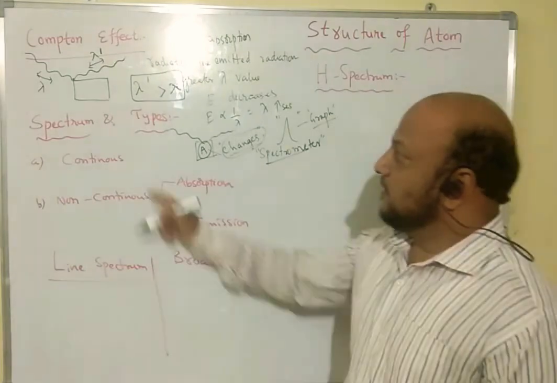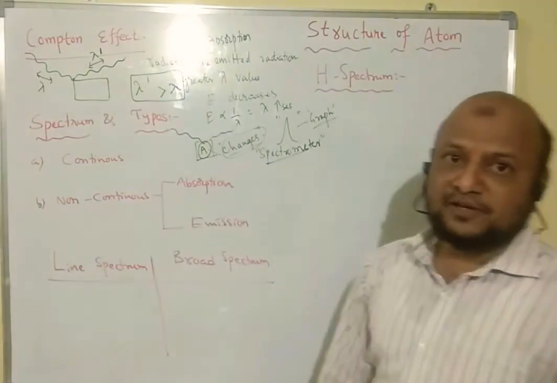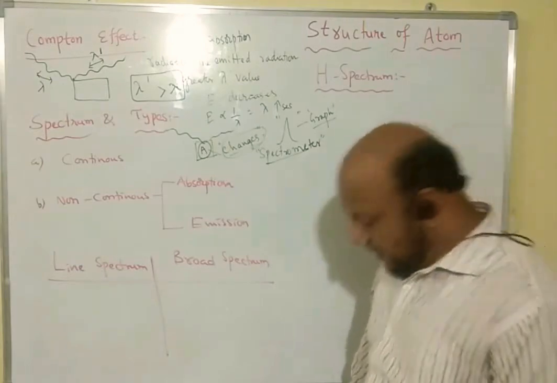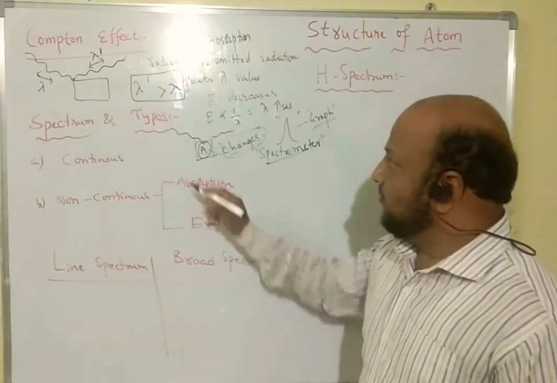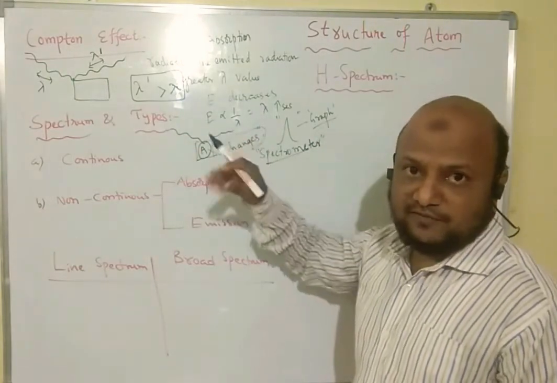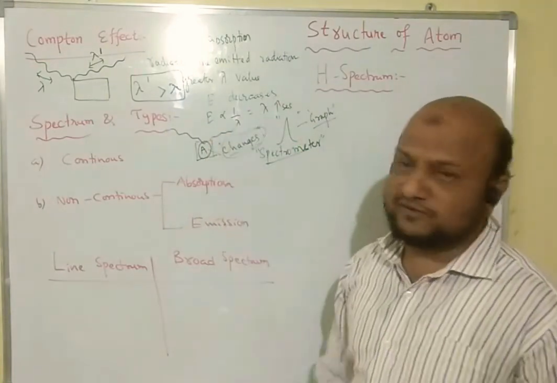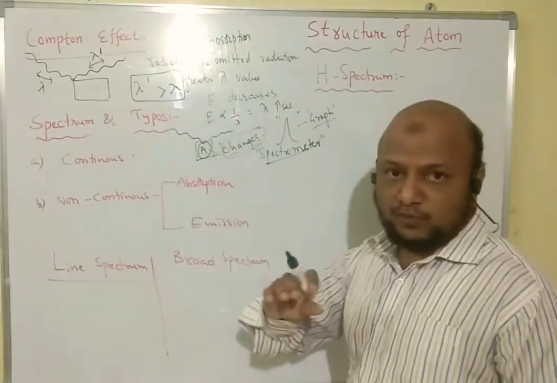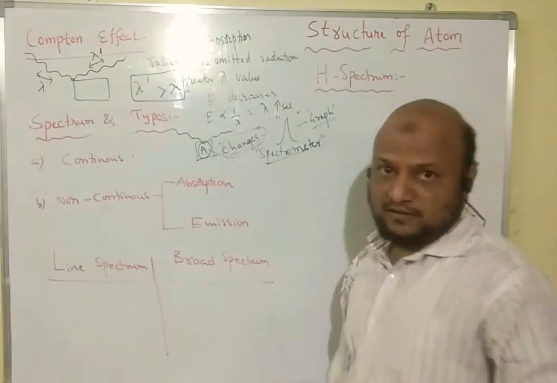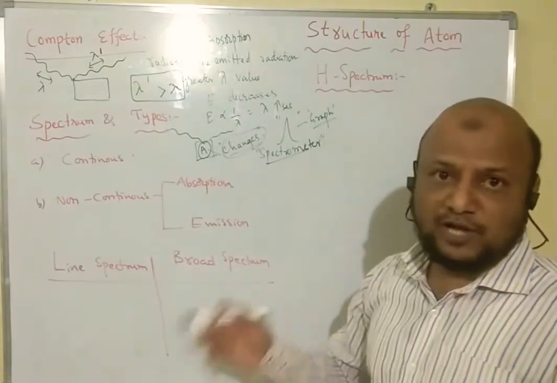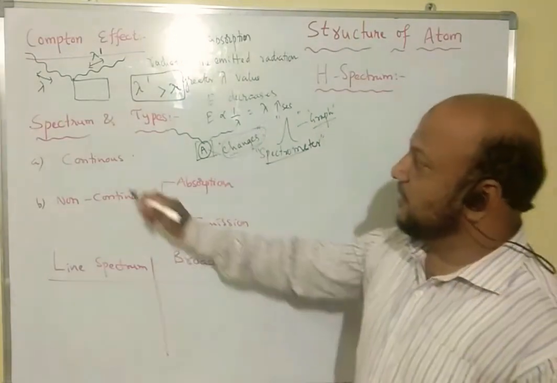There are different types of spectrums. The first one is the continuous spectrum. In a continuous spectrum, the light is completely emitted from the source, with no breakage of any radiation. The continuously emitted radiation from the source is called continuous radiation.